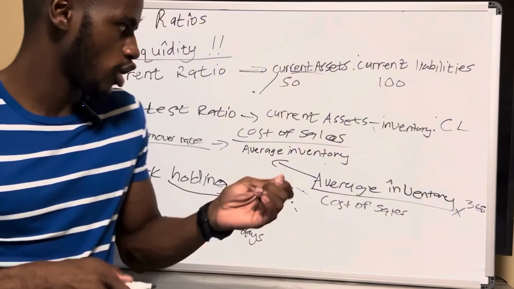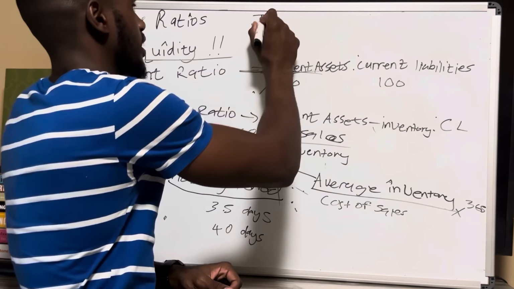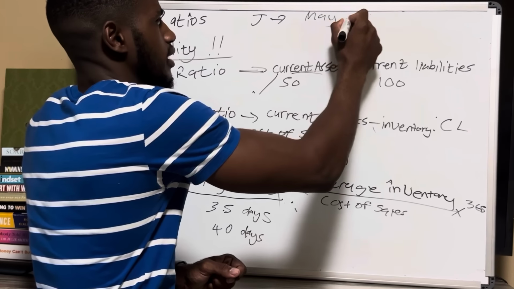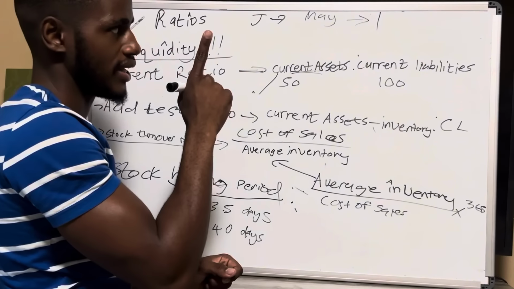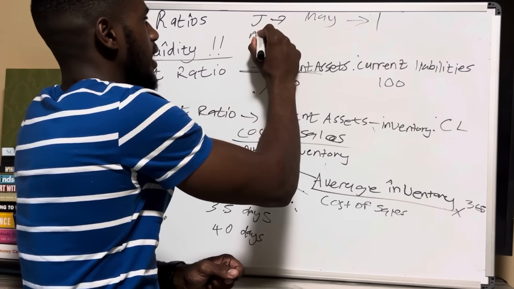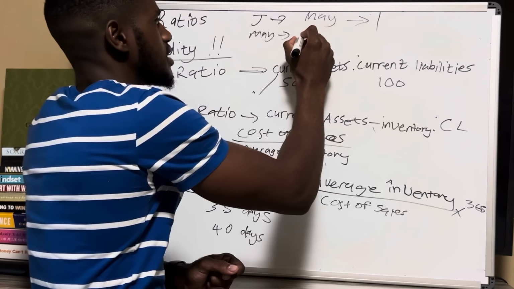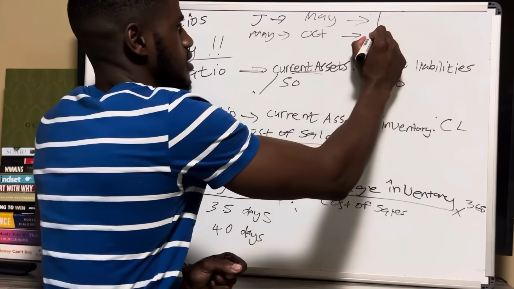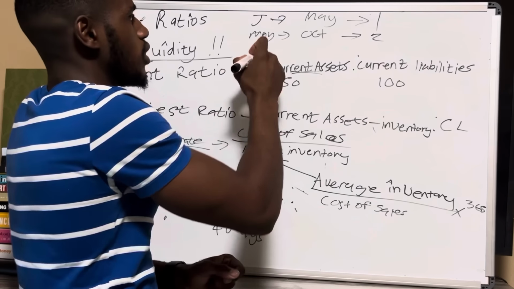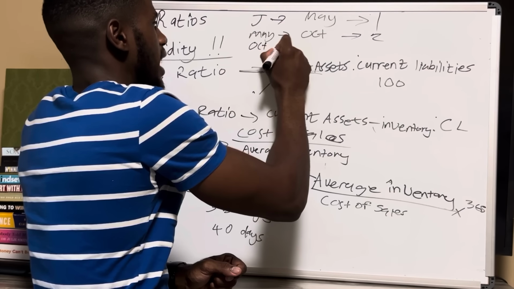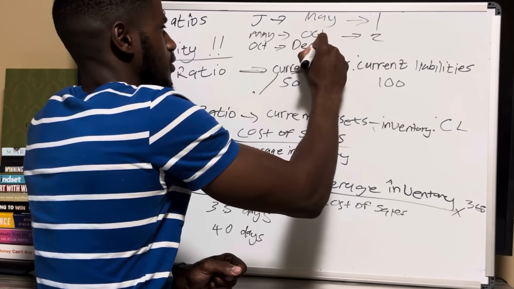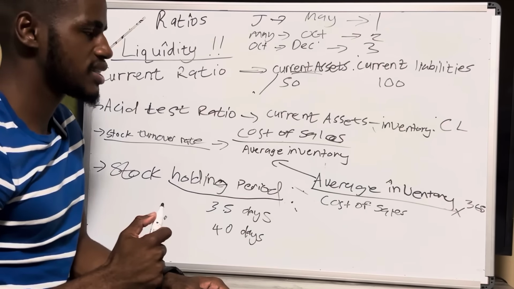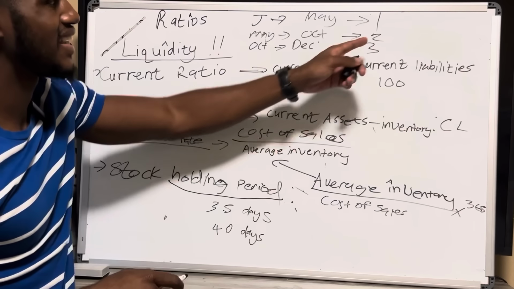Let's say we bought stock in January and we finish it in May. That is the first, number one. Then we buy stock in May and we finish selling it in October. That is number 2. Then we buy stock in October and we finish it in December. That is number 3. So in other words, our stock turnover rate is 3 times.